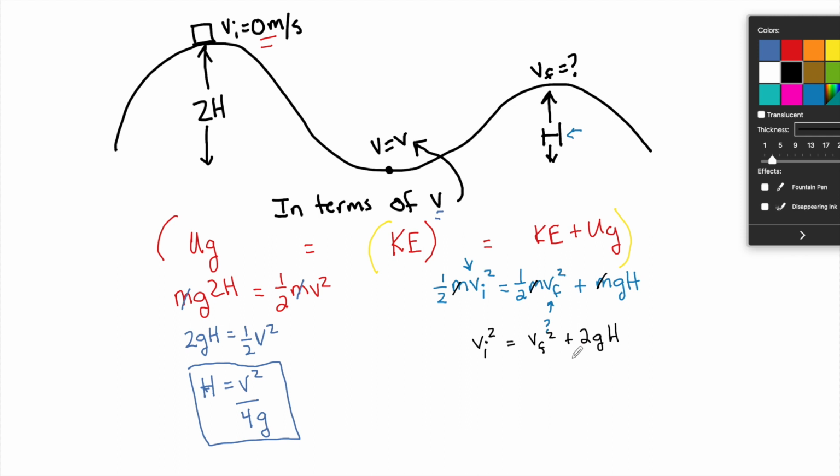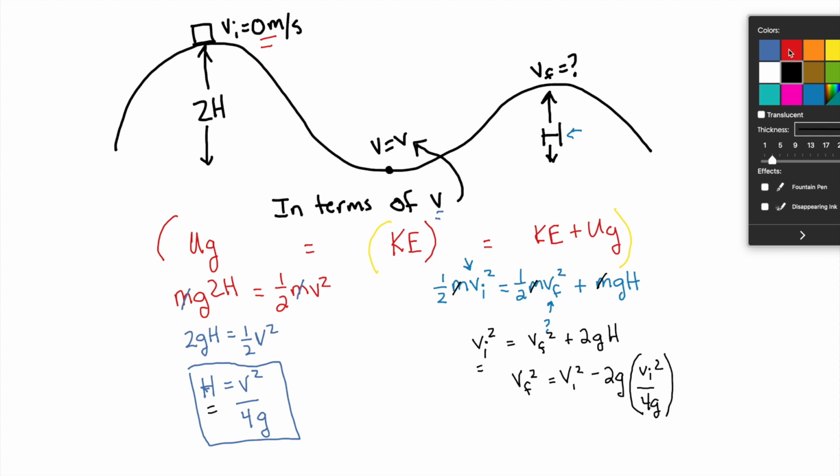Now this is pretty simplified, but like I said, I can only have it in terms of this. So I'm going to rewrite this and say that VF, because that's what I want to know at the end, is equal to VI squared minus 2g, and I'm going to substitute this h in over here. That h becomes V initial squared over 4g.